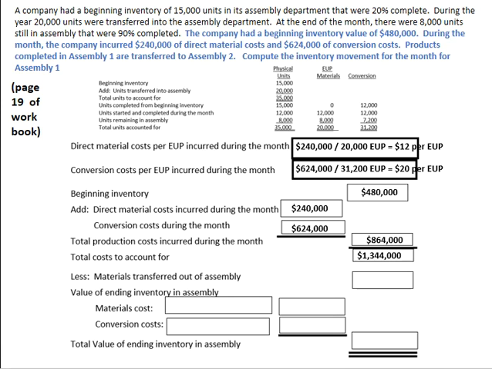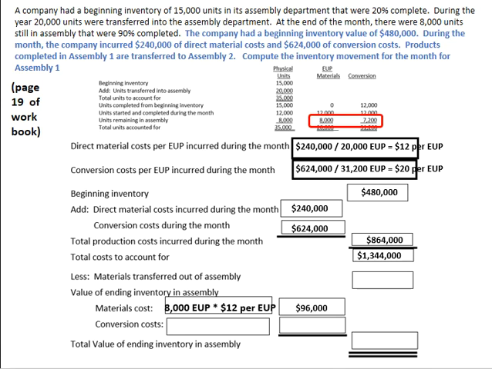In this case, the value of my ending inventory in assembly for materials is going to be 8,000 EUP, units remaining in assembly. So it'll be 8,000 EUP, and the cost is $12 per EUP for materials. So the total value in my ending inventory for assembly materials is $96,000.